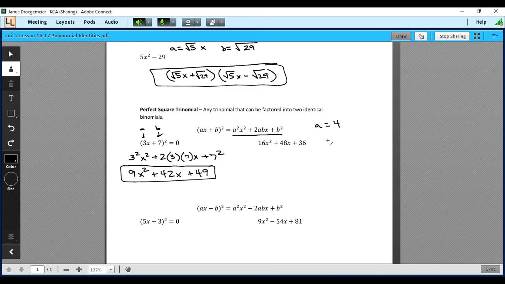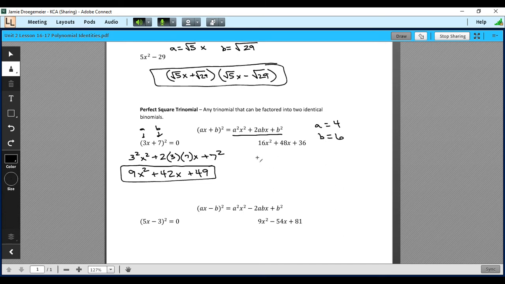The square root of 36 is 6. That's going to be my value for b. And then that 48x in the middle, I know that that's got to come from 2 times a times b. Well, 4 times 6 is 24. 24 times 2 gives me that 48.